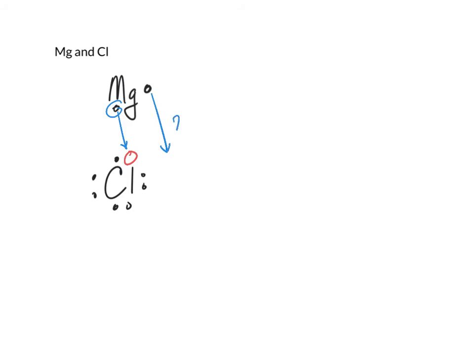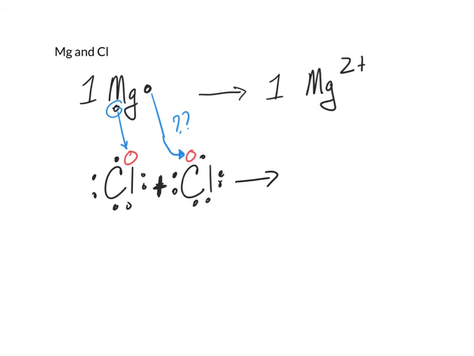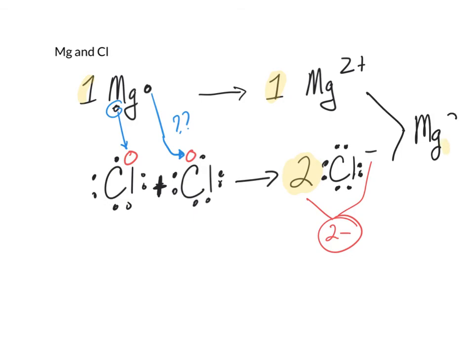Chlorine goes and finds another partner, another chlorine, that would like to take an electron, so that we end up with 1 magnesium giving an electron to each of the chlorides, which gives us magnesium with a 2+ charge and 2 chloride ions, each with a negative charge, for a total of 2 negative. When we put that together, we get our formula of MgCl2.